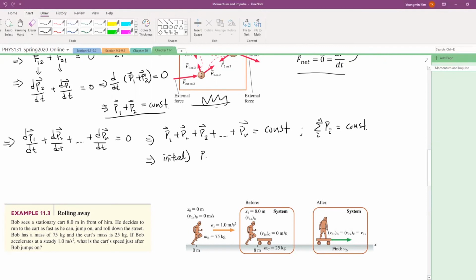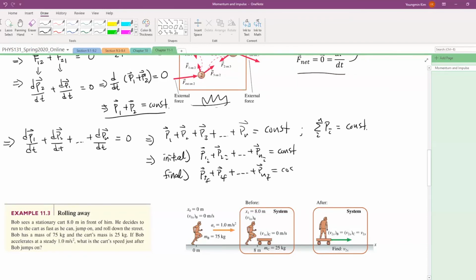So initial state of momentum 1, initial state of momentum 2, dot dot dot, n, is constant. And after some time, after some interaction, they're bouncing back to each other, I'm just going to call the final state, arbitrary state. What is on the right-hand side?